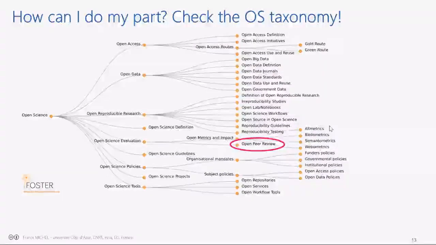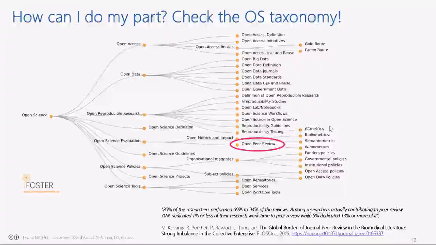Another very interesting thing about open peer review is that, to come back to the question of what we measure about the work of a researcher, with this system you can get credit for the reviews you do. I've cited this study down here, which says that 20% of researchers perform 69 to 84% of the reviews. So you see, a small number of researchers do the biggest part of the reviews.